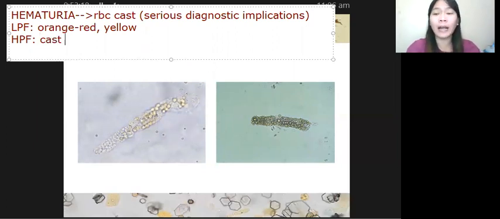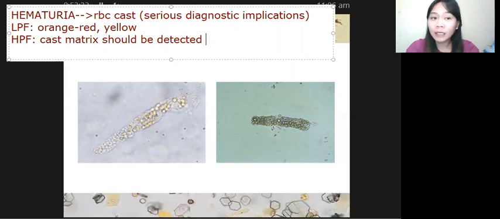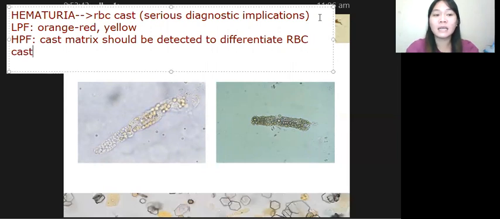Okay, so under your high power field, the cast matrix should be detected in order to differentiate RBC cast from RBC clumping.